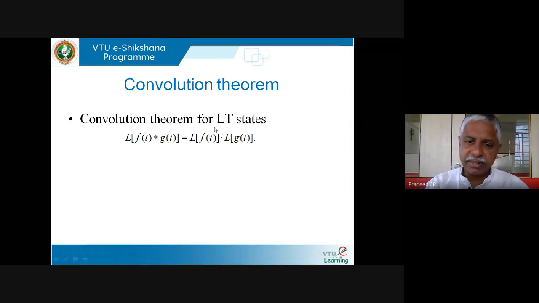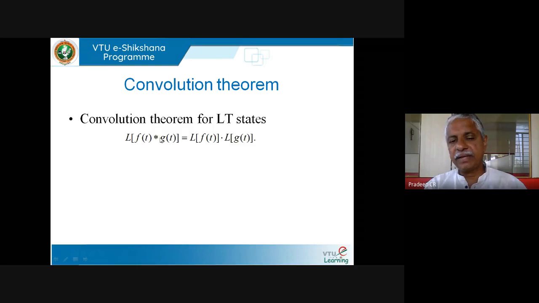So the statement of the convolution theorem for Laplace transform is the following. Laplace of f star g is Laplace of f into Laplace of g. Please note the simplicity and beauty of this equation. This says Laplace of the convolution of two functions is the product of the Laplaces of the functions.